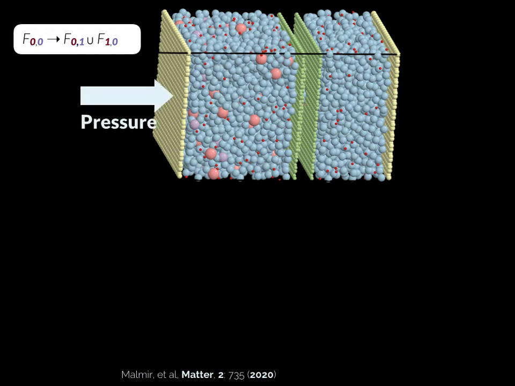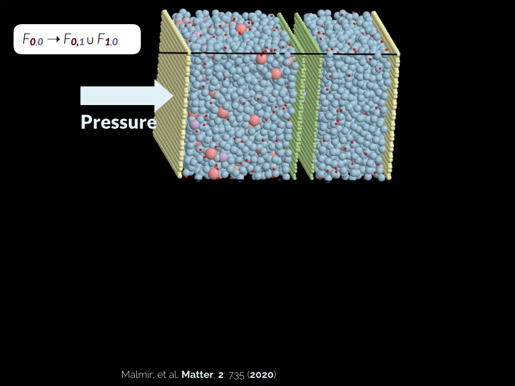And by applying hydrostatic pressure, we drive the transport of solvent and solute through the membrane. Now, the transition of interest to us was basically the transition from F0 to the union of F01 and F10, which is basically the time scale needed for the first ion, whether it's sodium or chloride, to pass through the pore.